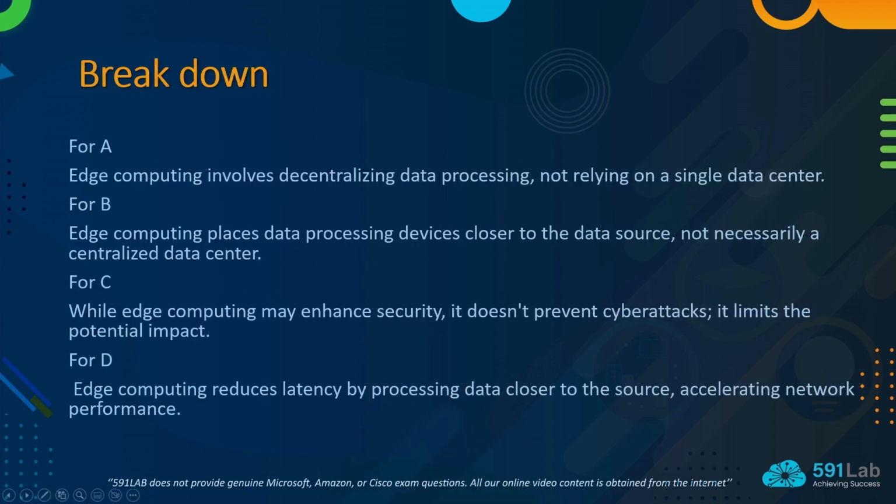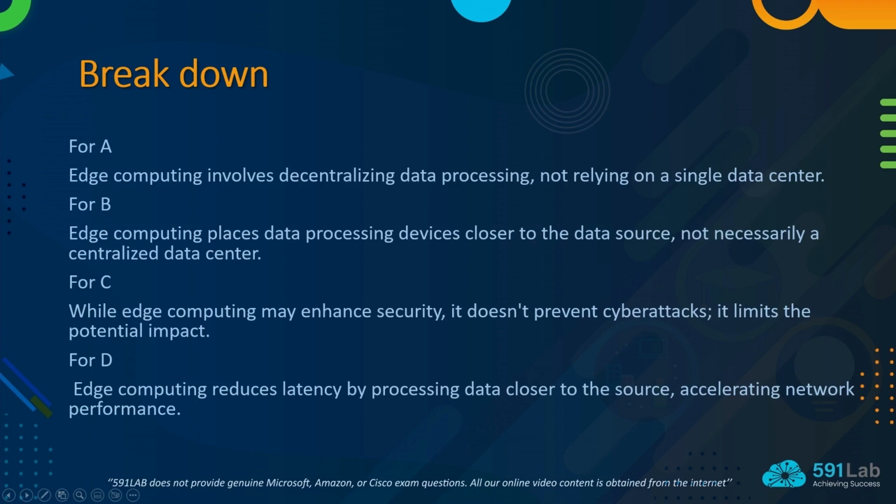For option A, edge computing involves distributing computing resources closer to the source of data, rather than relying on a single centralized data center. This decentralization is the key characteristic of edge computing. For option B, this statement is not entirely accurate.